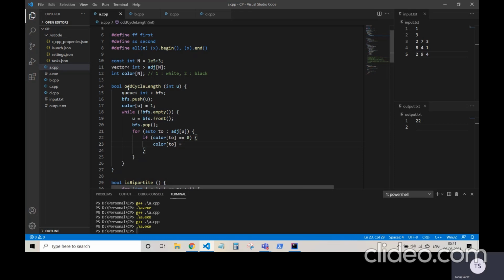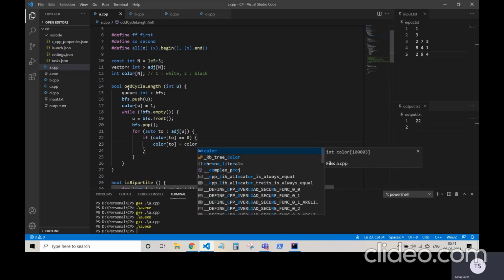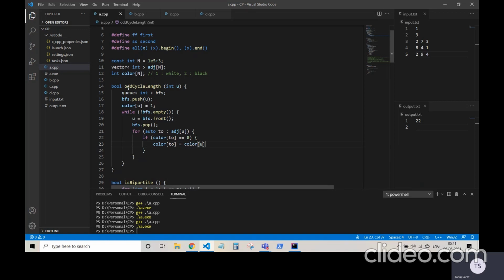So if its parent was black, then this node should be white and vice versa, right? So if the color of U was equal to 1, then the color of this should be 2, otherwise it should be 1.